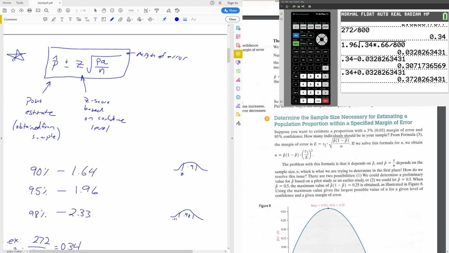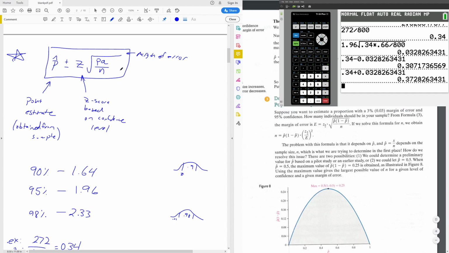Okay. How about with sample size? Since we're dividing by the sample size in this margin of error, if we're increasing the sample size, think about what's happening to this value. If we're dividing by a larger and larger number, this margin of error value becomes smaller, which means the total amount we add and subtract becomes smaller, so our interval is smaller.